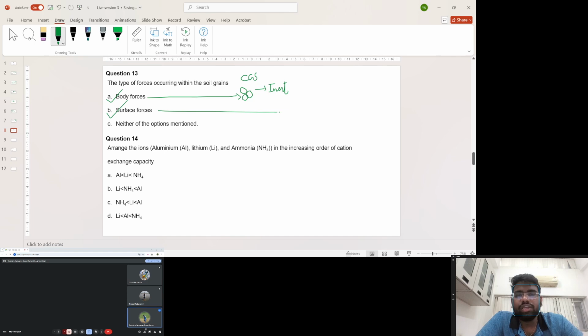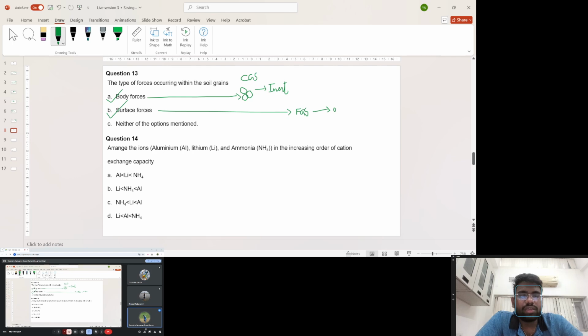Whereas if you come to fine grain soils, particle size is very small, right? So the weight of the particle does not play a significant role. Whereas if you take two grains, all the grains in a sample are charged, right?